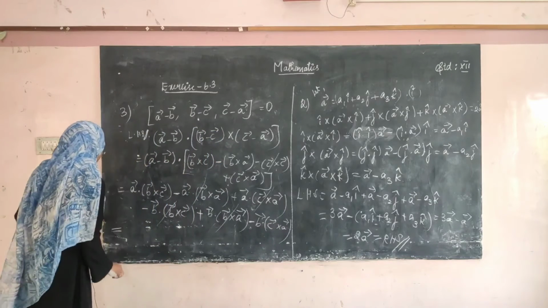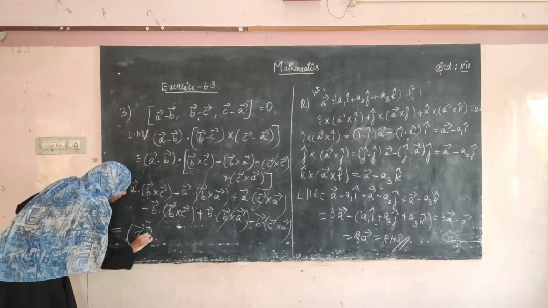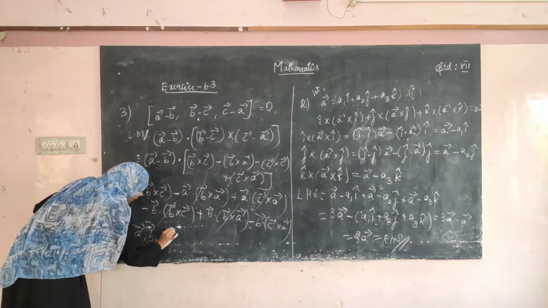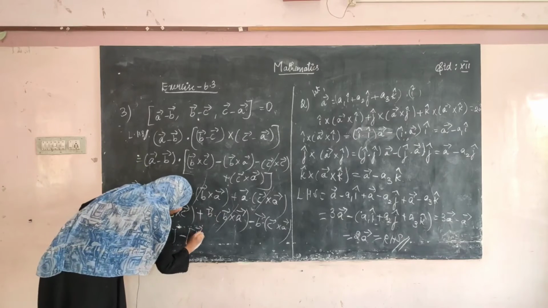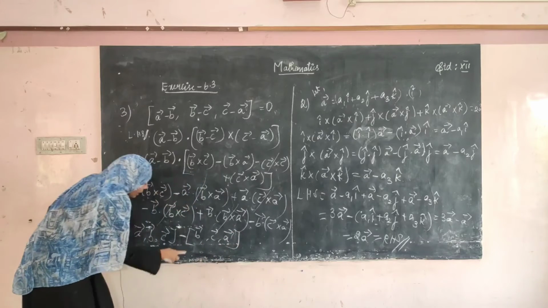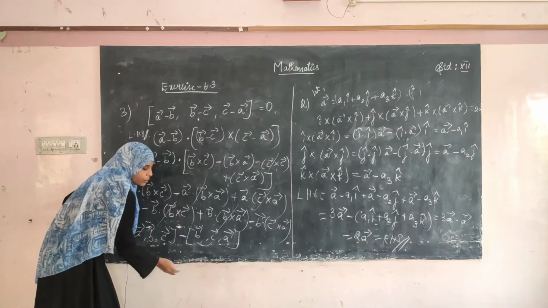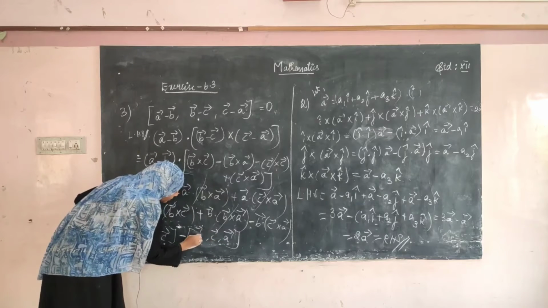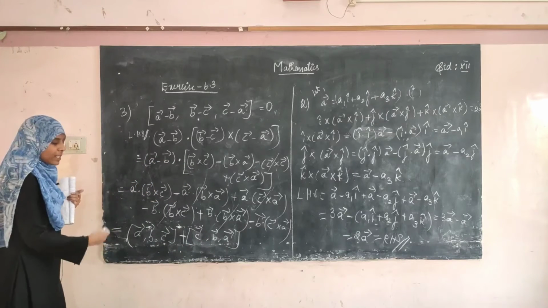So now let us write this as box product of A vector, B vector, C vector minus, see what they have given, B vector, C vector, A vector, right? We have to bring this in this format. Now interchange these 2 terms alone. So what happens? This becomes C vector, this becomes B vector. So one minus comes outside.